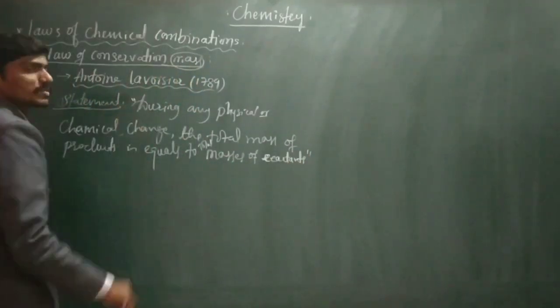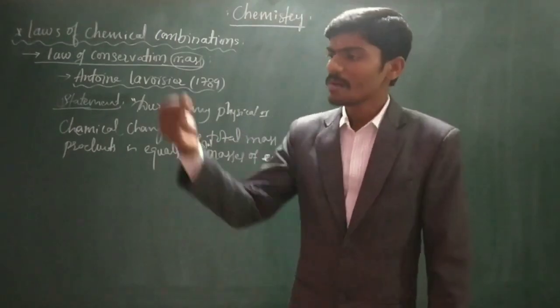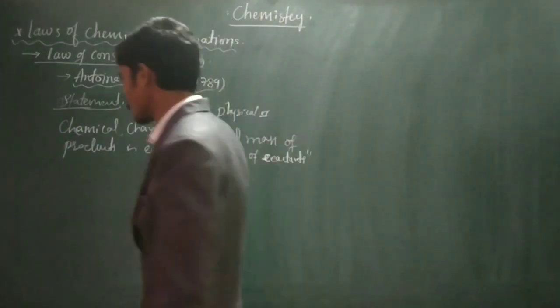Simple है. कौन से भी physical change or chemical change if you consider, in that case mass of reactants is equal to mass of products. This is the law of conservation of mass.